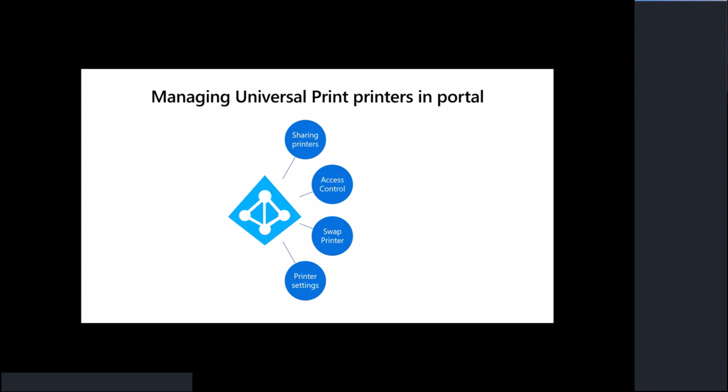And users don't have to reinstall a printer or anything like that. They just keep using the same shared printer. It's still the same from their end. It's just that Universal Print will now send any jobs coming in over that sharing endpoint to the new printer instead of the other one.